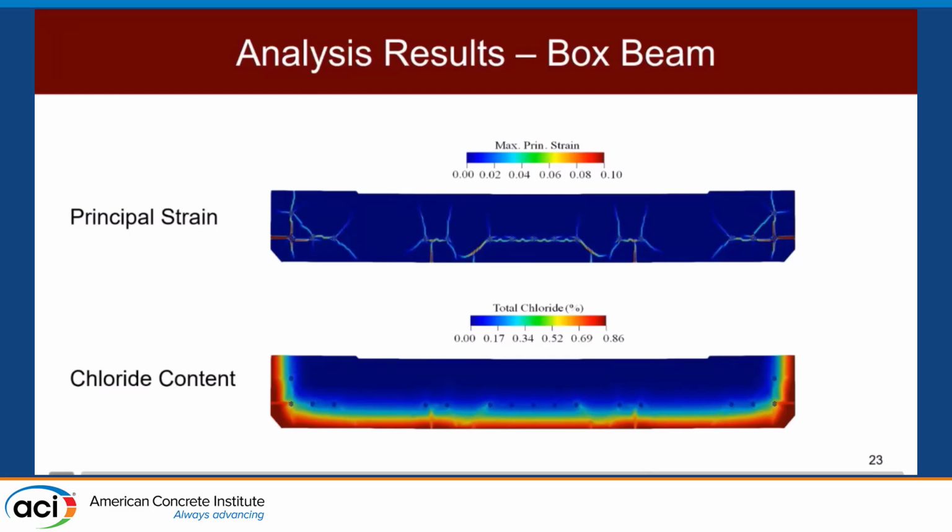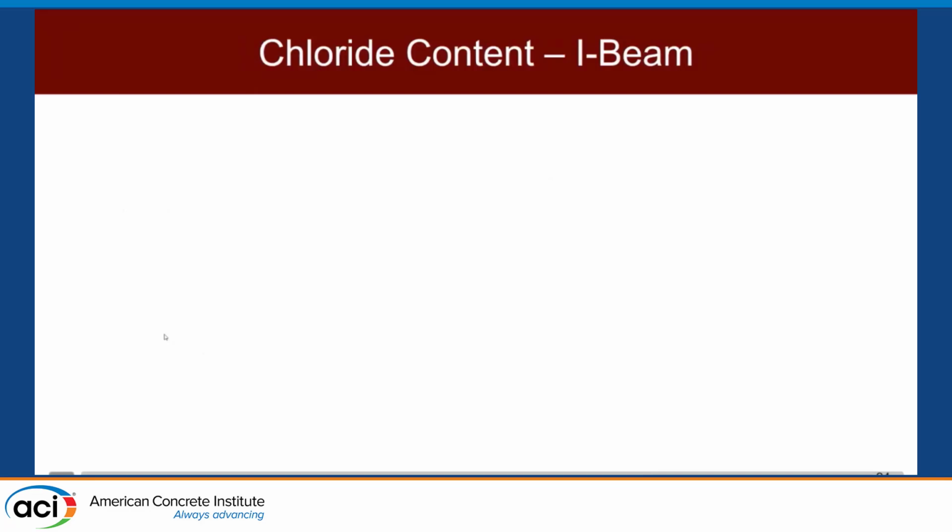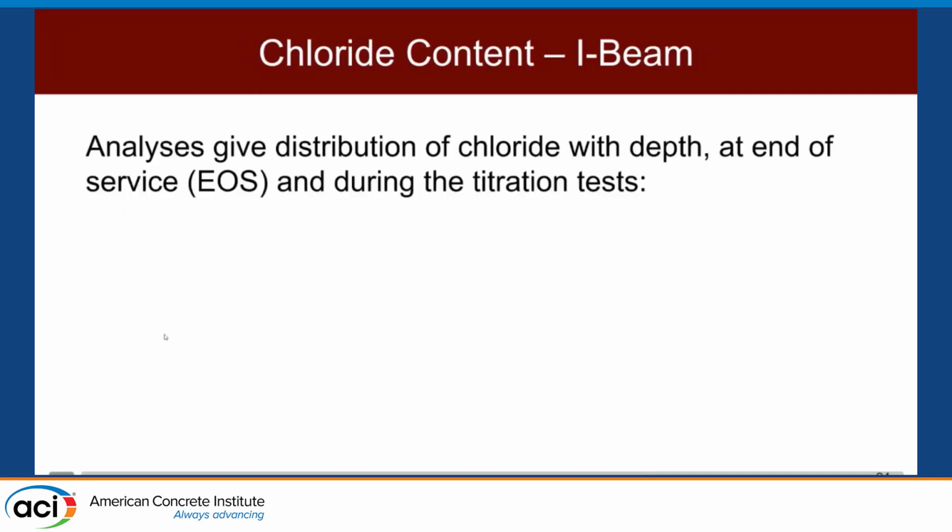Now, the more important question is, how well can we match real-life measurements? To determine this, we can see that the analysis gives the distribution of chloride with depth at the end of the service life and during the titration test that we did. Remember, the beam was stored for several years after the end of service before the tests were done.